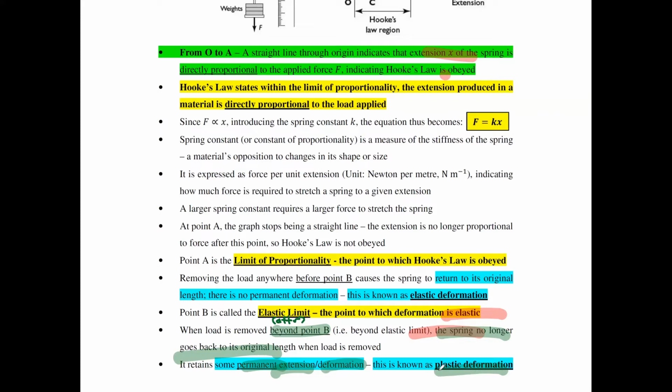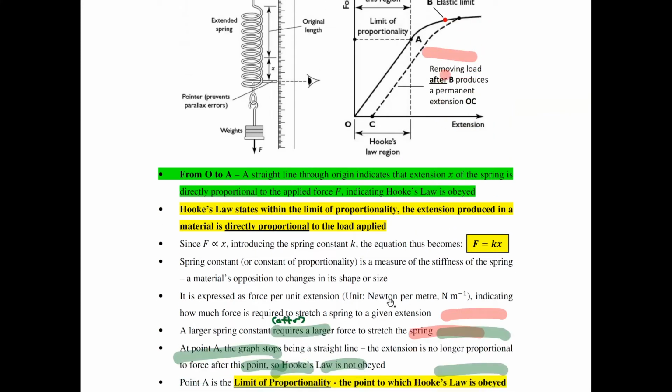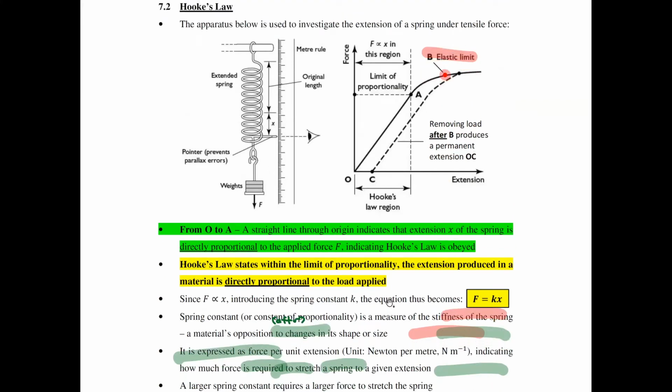This is known as plastic deformation. So if you were to remove your load somewhere after your point B, maybe say you remove it here, your spring will go back, but it won't go back to the original length. It will stop back here. Okay, it will generally go back like this and stop here.